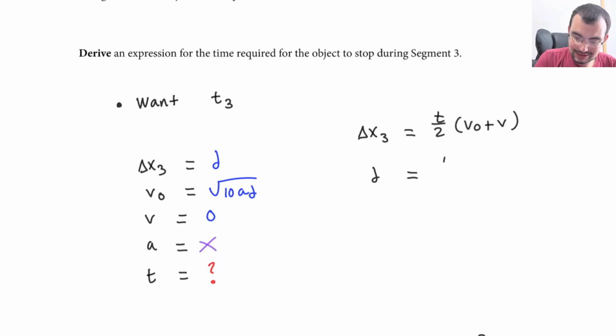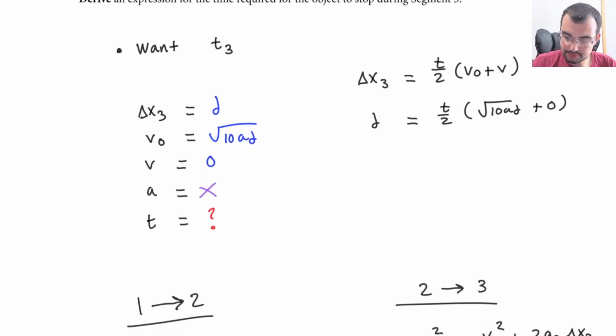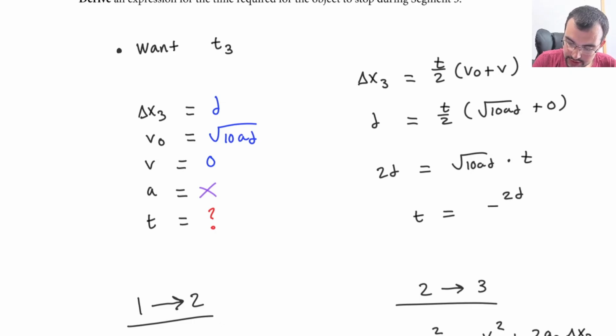So d equals t over 2 times square root 10ad plus 0. So 2d would be equal to square root 10ad times t. So t would be equal to 2d over square root of 10ad.